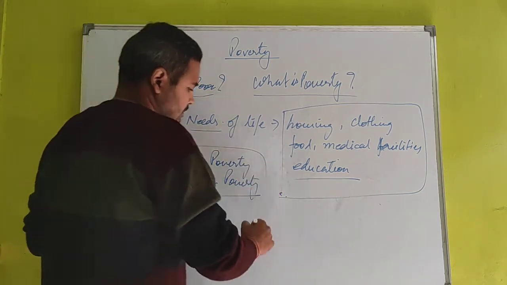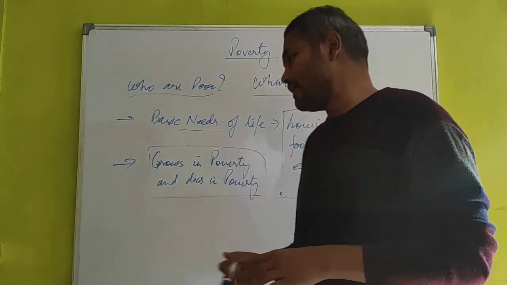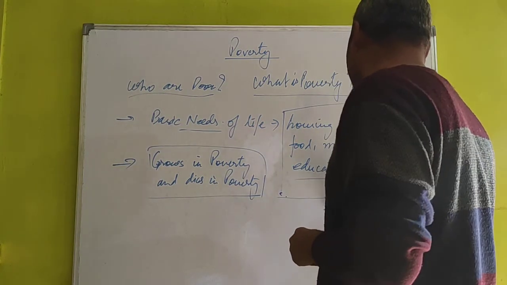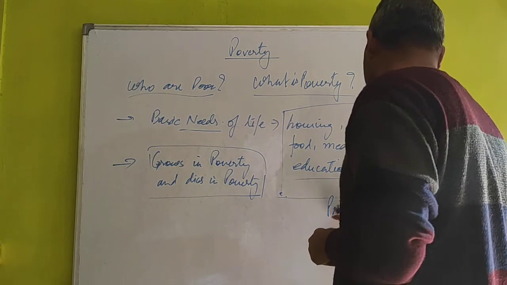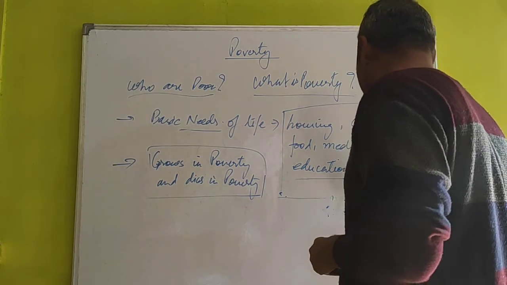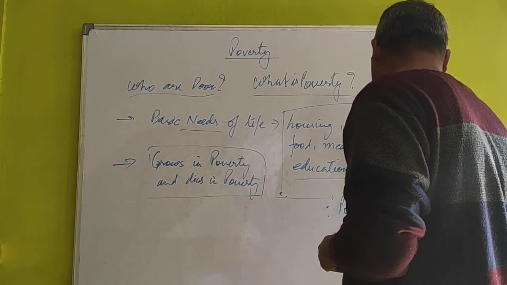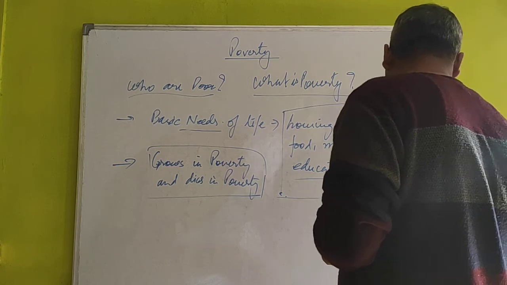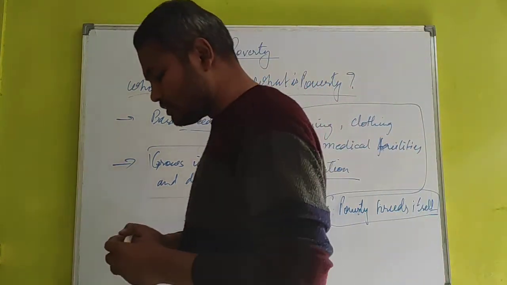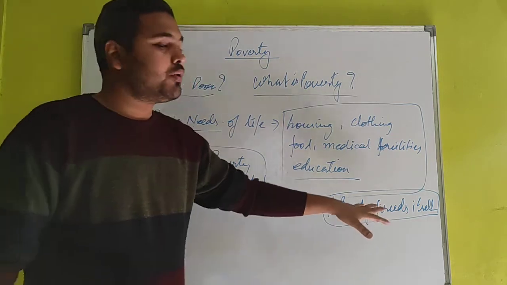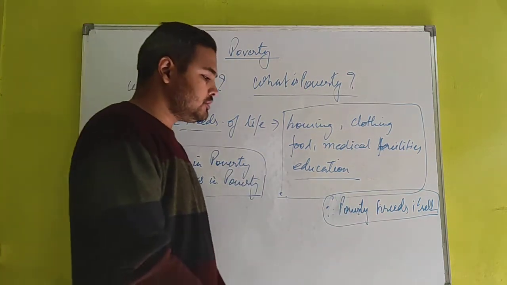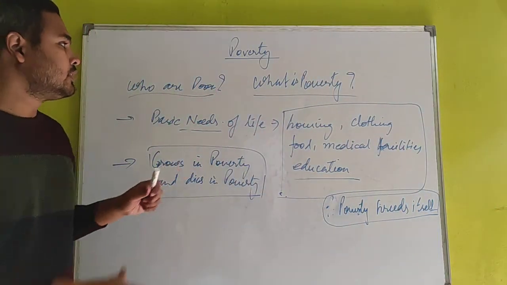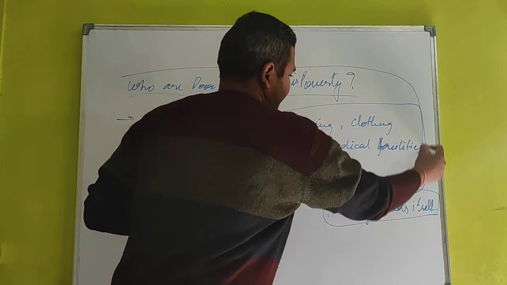So you can understand what poverty is now. You can also say that poverty breeds itself. What do you mean by poverty breeds itself? It means that poverty multiplies itself. It keeps on increasing day by day. Okay, so this is all about poverty.